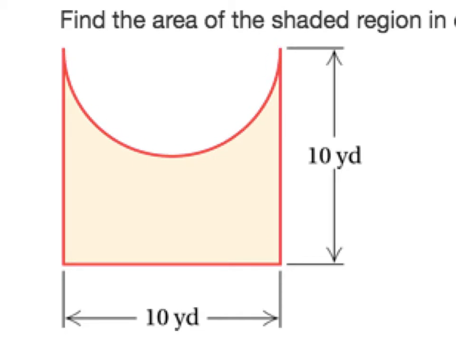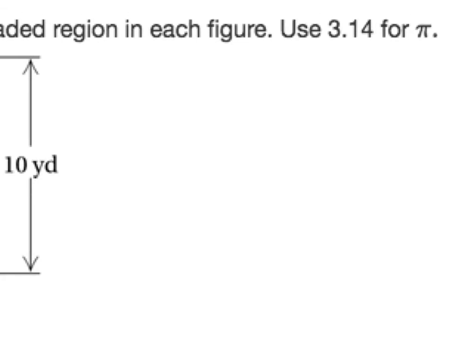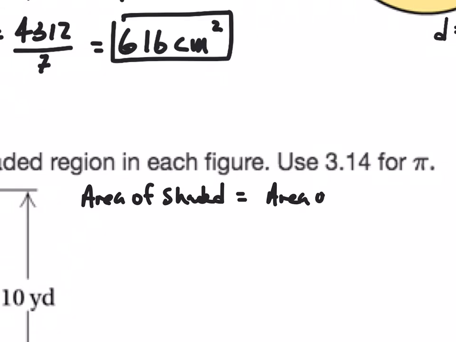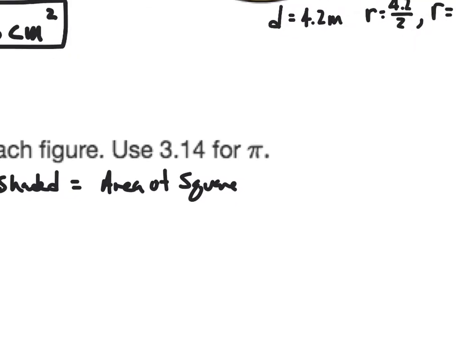So if I wanted to find the area of the shaded region, the area of the shaded region is equal to the area of the square minus the area of the half circle. We'll talk about that in a second.